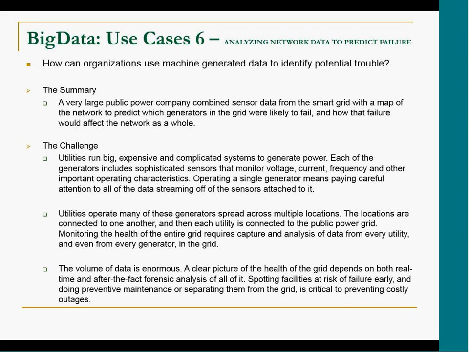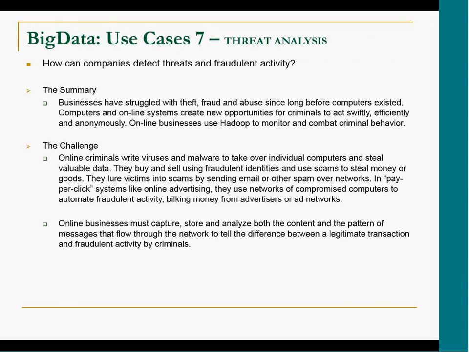Another area of use cases is network data to predict failures. You can use it to find the failure points of a network, predict when the network will go down, and take precautionary measures. Then fraud analysis.